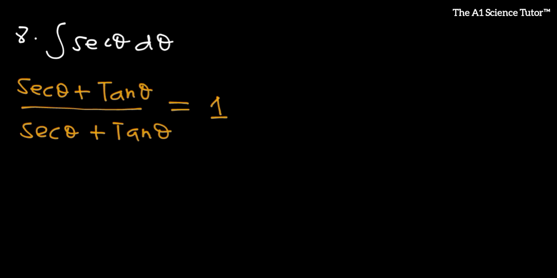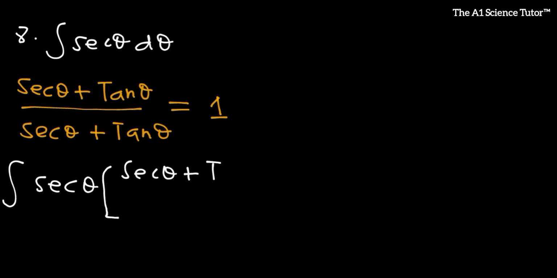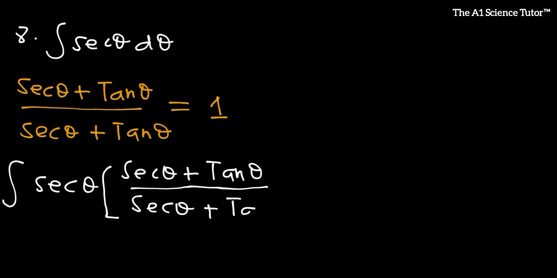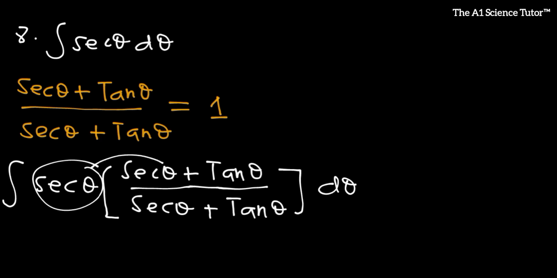So if I multiply this by 1, that is the same thing as multiplying it by this fraction. So that is going to be integral secant theta multiplied by secant theta plus tan theta divided by secant theta plus tan theta. And we have d theta right there. This is what we have. Now next up, I'm going to use secant theta and multiply it into this as well as this.